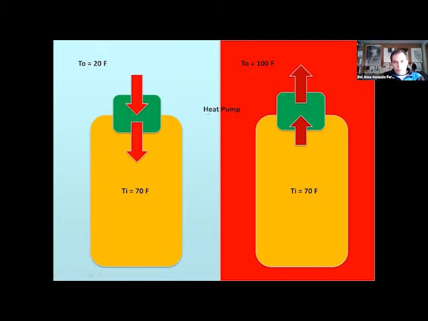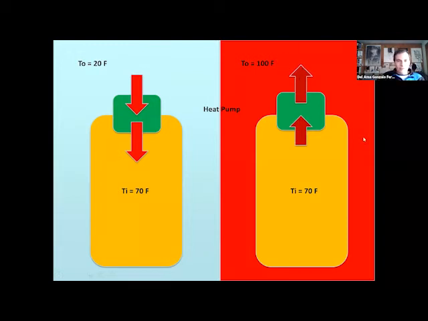So what does a heat pump do? Well, it's a miracle, okay? Because we are extracting heat from the cold source, which is at 20 Fahrenheit, and we are releasing that heat indoors. And in summer, it's the other way around. We are extracting heat from the cold source, because here 70 is colder than 100. So we are extracting heat from here, and we are releasing heat outdoors.